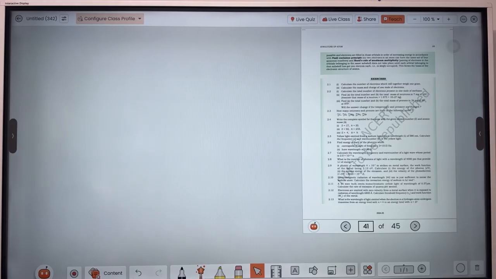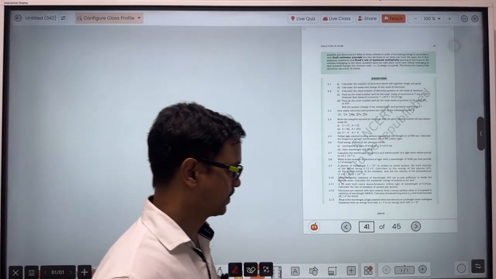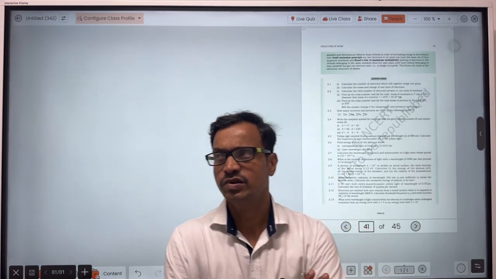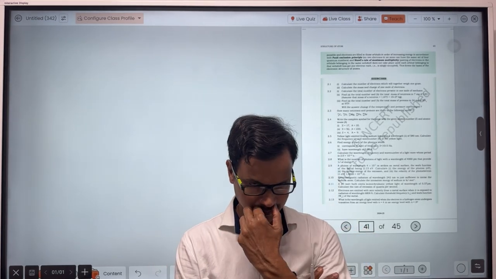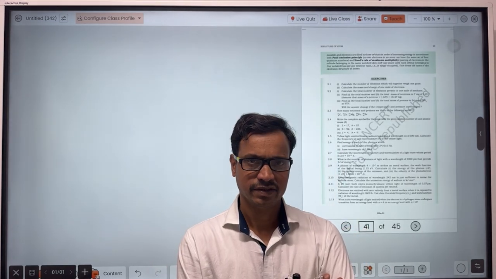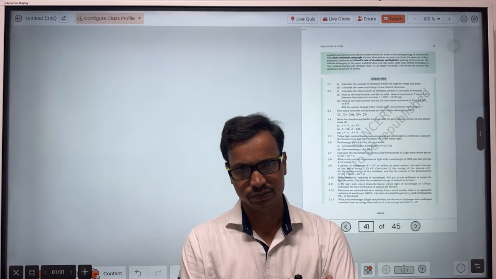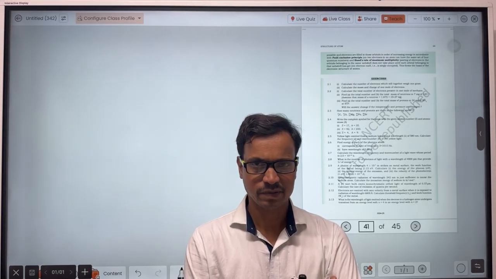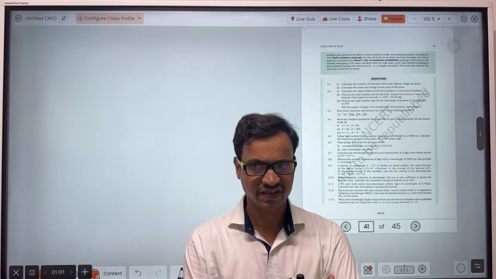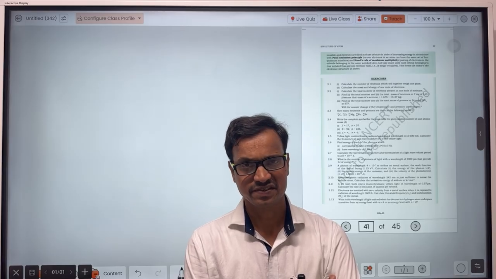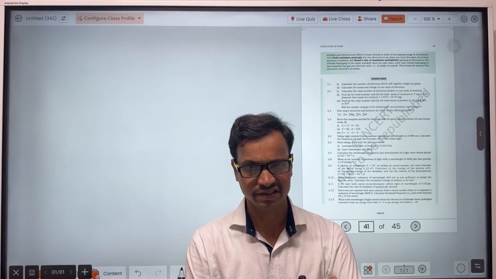To solve this, when the electron is in n equal to 4, what will its energy be? And then we will calculate when the electron is in n equal to 2, that means in the second shell, what will its energy be? The difference of that energy will be released in the form of electromagnetic radiation.